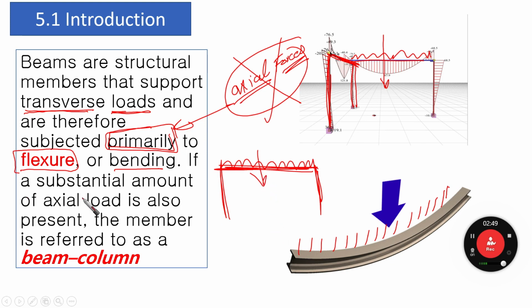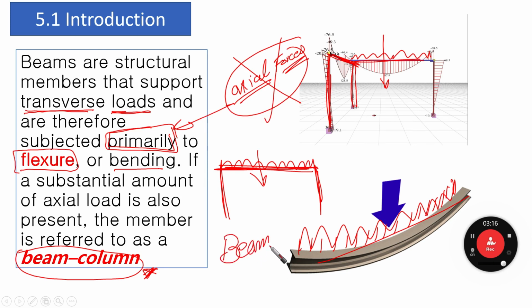If a substantial amount of axial load is also present, the member is referred to as a beam column. We are going to talk about it later on. So in general, whenever we have only a beam that is subjected to vertical, transverse loading, we call this a beam.